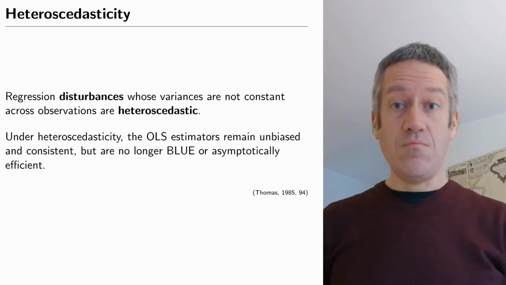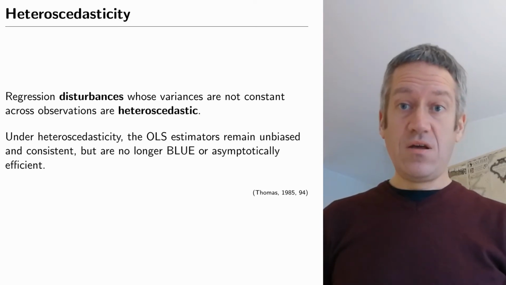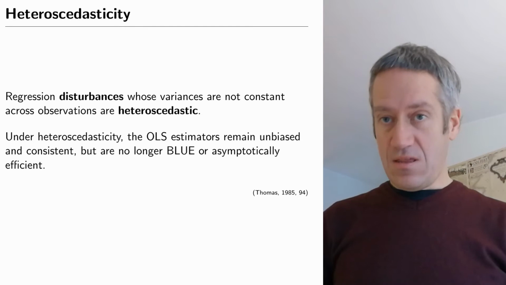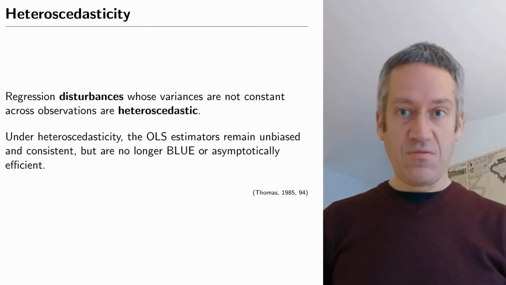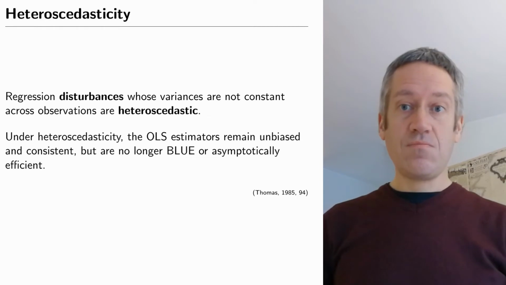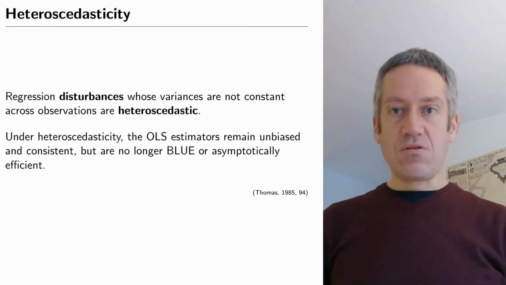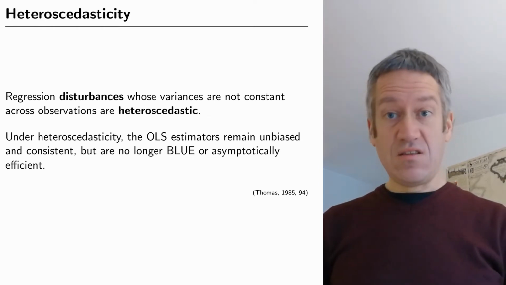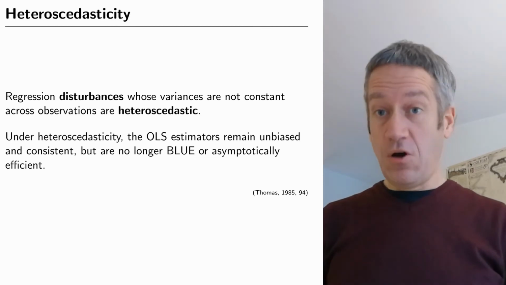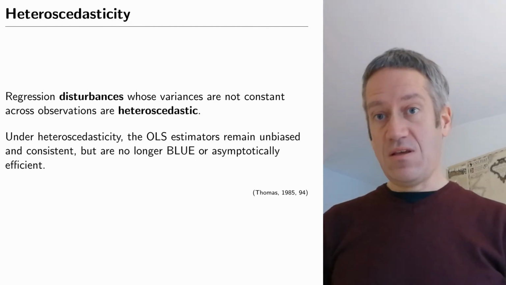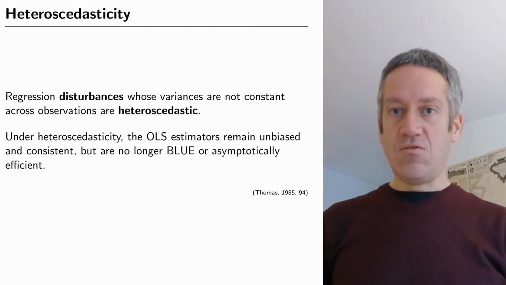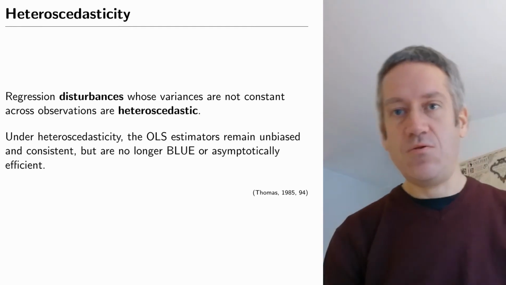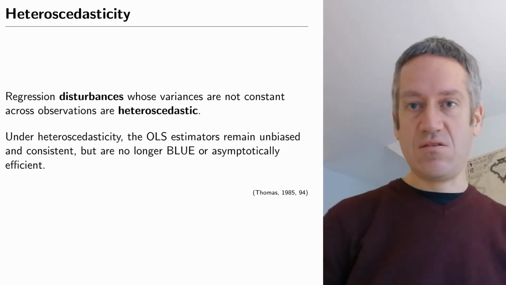BLUE means that among the unbiased linear estimators, OLS is the most efficient, has the smallest sampling variance, the smallest standard errors. With heteroskedasticity, this is not true anymore. There might be other linear estimators that have a smaller variance and are more efficient, with a smaller sampling distribution as the sample increases.